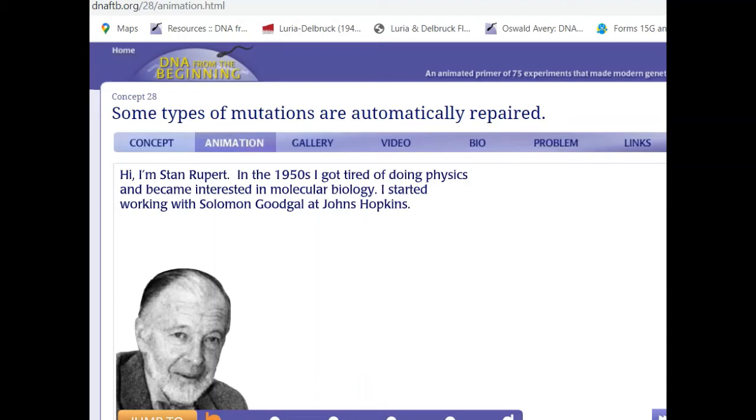In fact, it was Albert Kelner, as we discussed earlier, who discovered photoreactivation. Thereafter, various other scientists such as Stan Rupert as well as Solomon Gaudiel also played an important role in describing what factors are responsible for photoreactivation. So let's just go into the details of this.